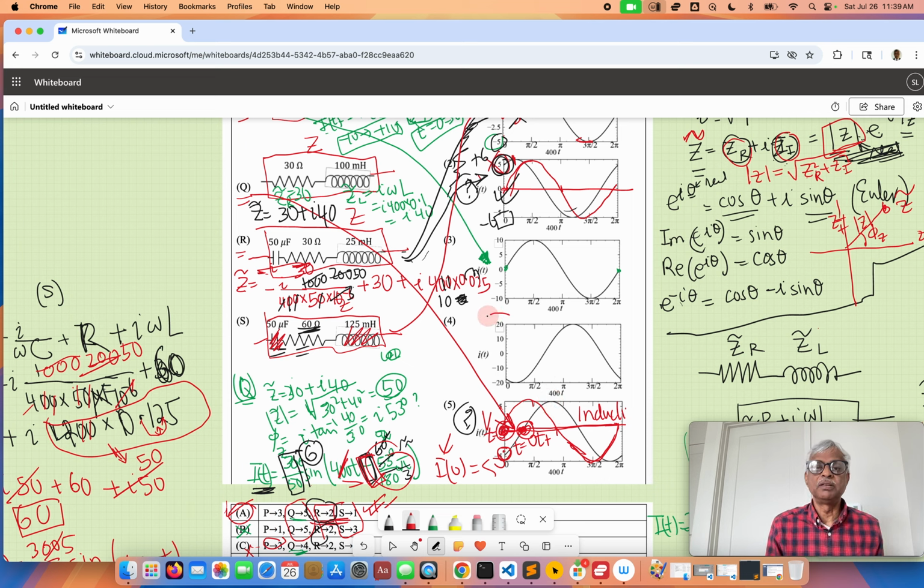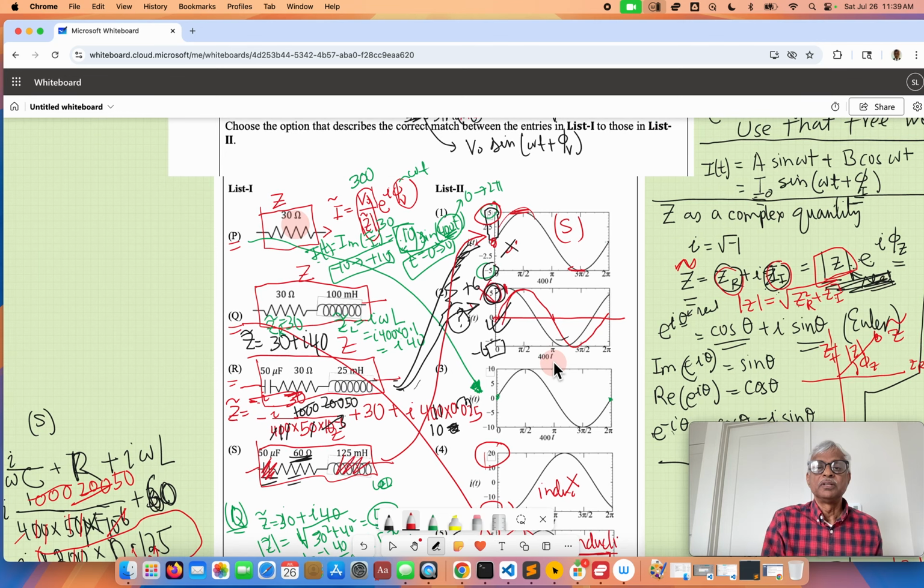And we look at it and ask, how about this guy? Well, the difference is the voltage is also inductive, but the current is varying between 20 minus and plus, and this is plus 5 and minus 5. So that's why this guy can't be the case. Now, this guy, with no phase difference with voltage, is purely resistive.